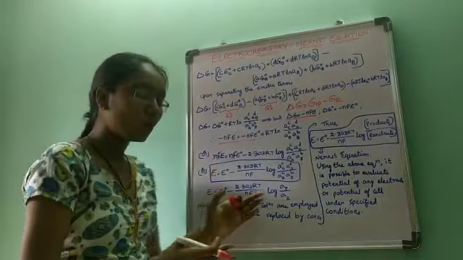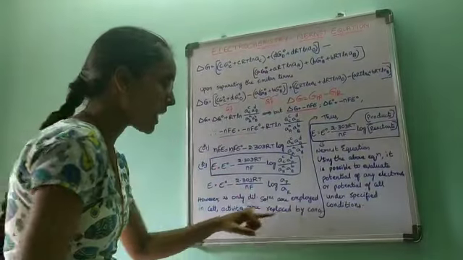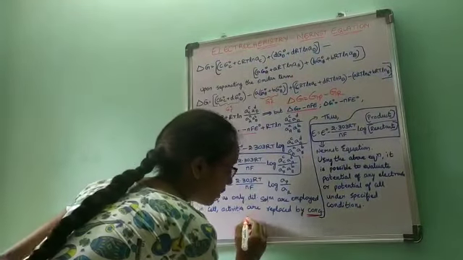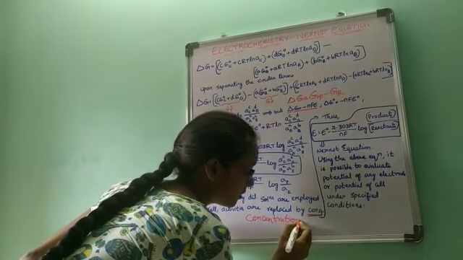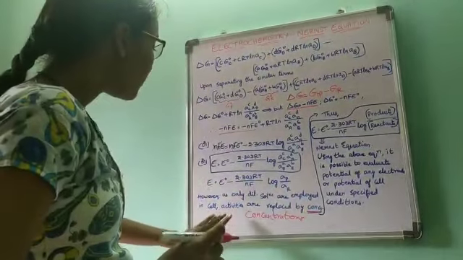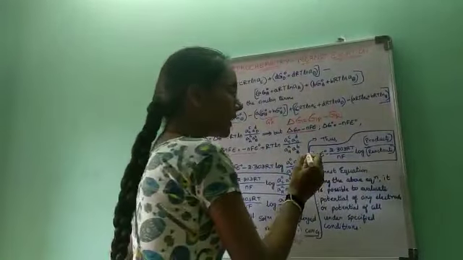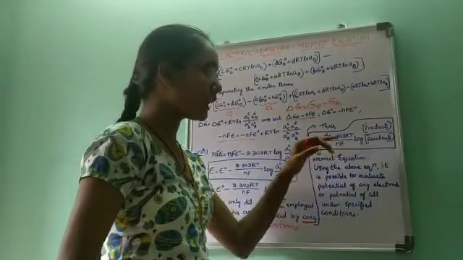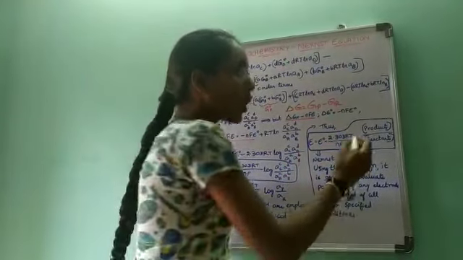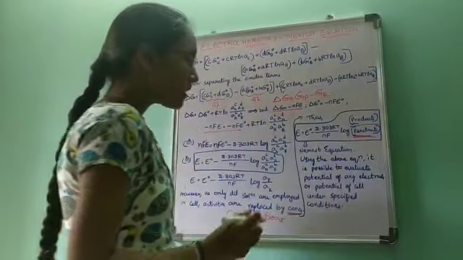However, as only dilute solutions are employed in the cell, activities are replaced by concentrations. So, the final Nernst equation can be written as E equals E naught minus 2.303 RT by nF log concentration of products by concentration of reactants.